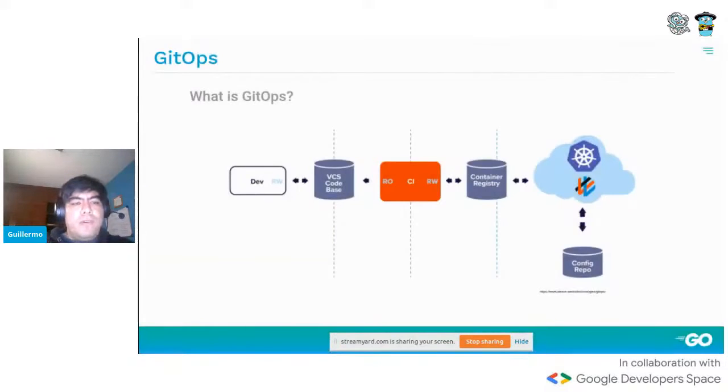Before we go into the demo and the details, I would like to share a topic that encouraged me to work on this, and that is GitOps. What is GitOps? GitOps is a way of implementing continuous deployment for cloud native applications.